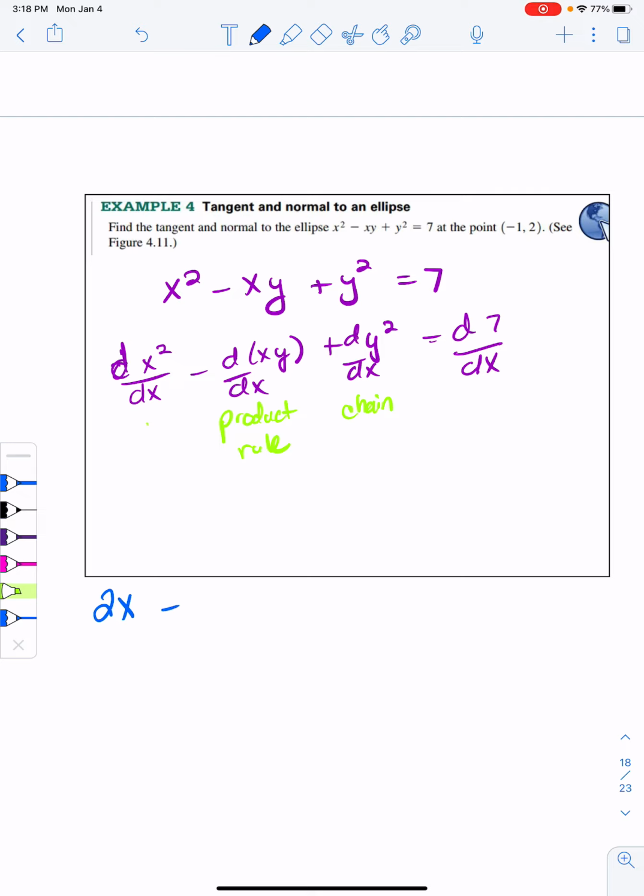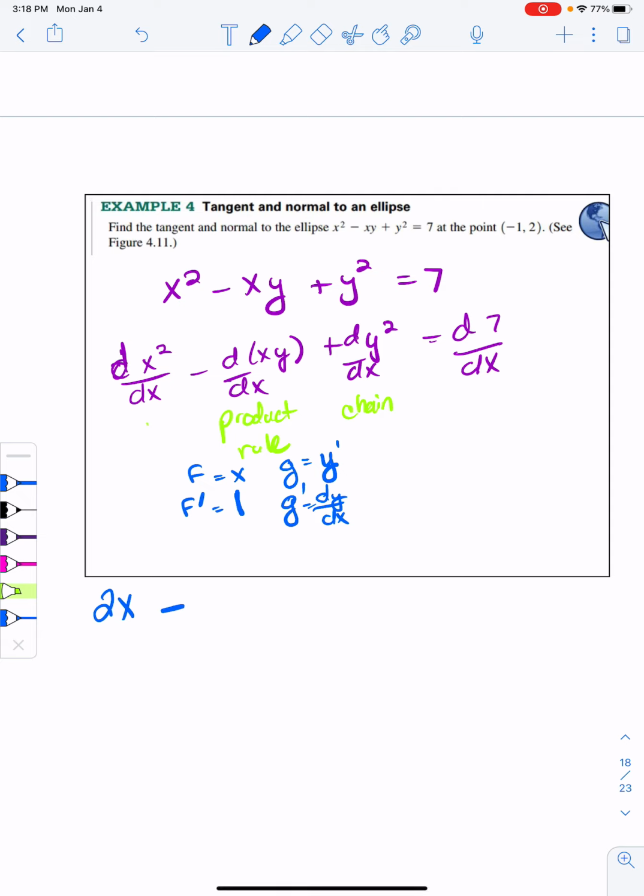So I'm going to take a second here. f would be x, g would be y. The derivative of x is 1. The derivative of g is dy/dx, because it would technically just be 1 times dy/dx. So we're going to apply the product rule to this.